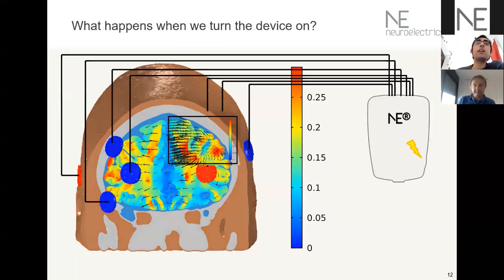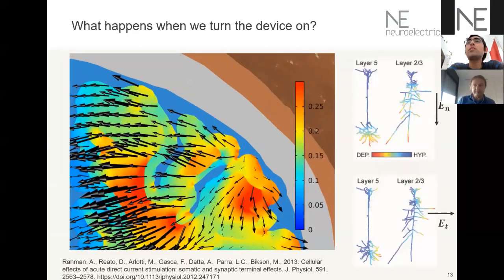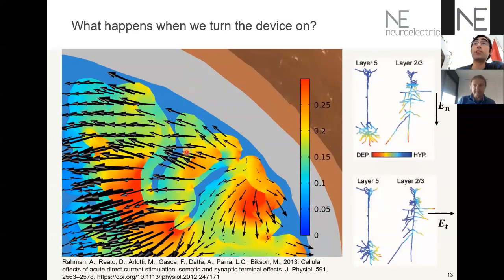Okay? Now the question is, how does this electric field help us understand the effects that this technique has at the level of the neurons? So the basic concept here is that the electric field will establish a force in the ions, in the extracellular and intracellular media, and that will lead to changes in the transmembrane potential of neurons. Okay?